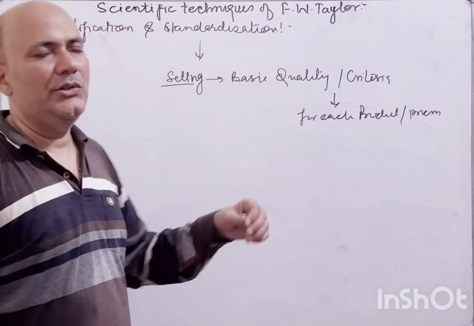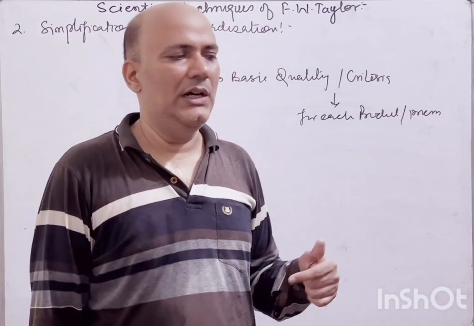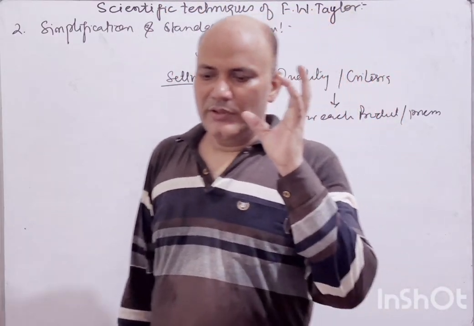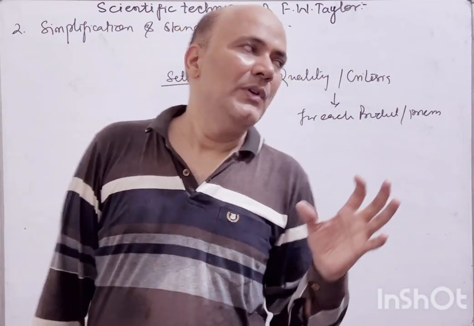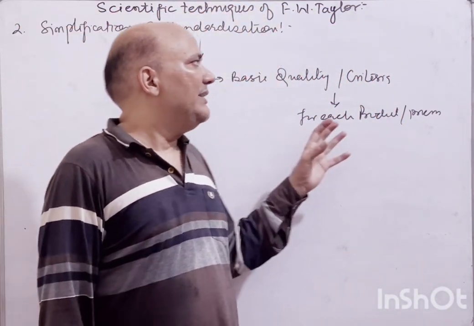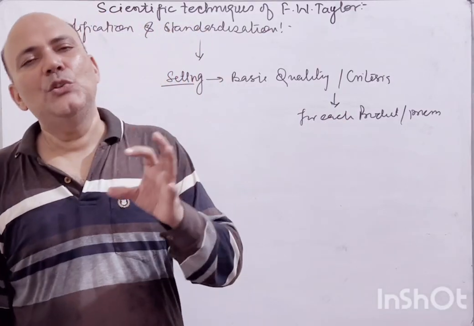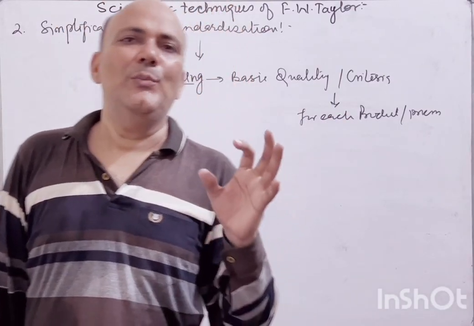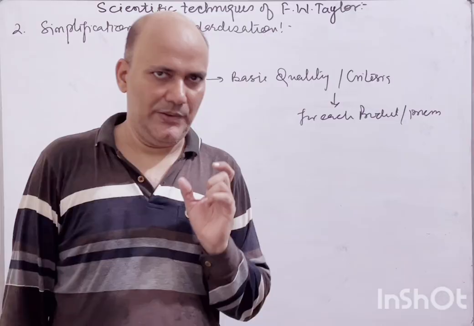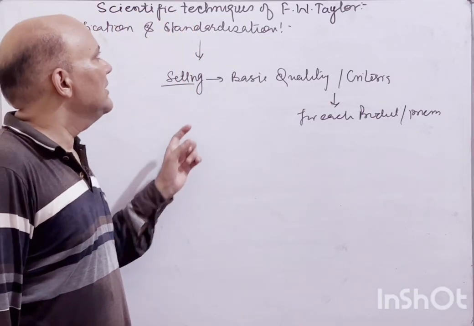So standardization is a process in which we are setting some kind of basic qualities and the criteria by which we are going to produce or manufacture that particular product, right? So that is called standardization.